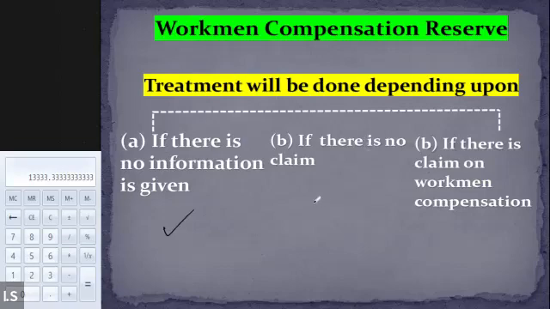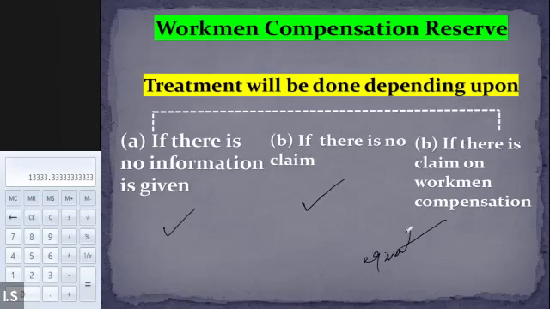Similarly, if there is no claim made by any employee, then also the entire amount gets divided among the partners in the old profit sharing ratio. And if there is a claim on the workman compensation, then such a claim can be equal to the amount of reserve, right?